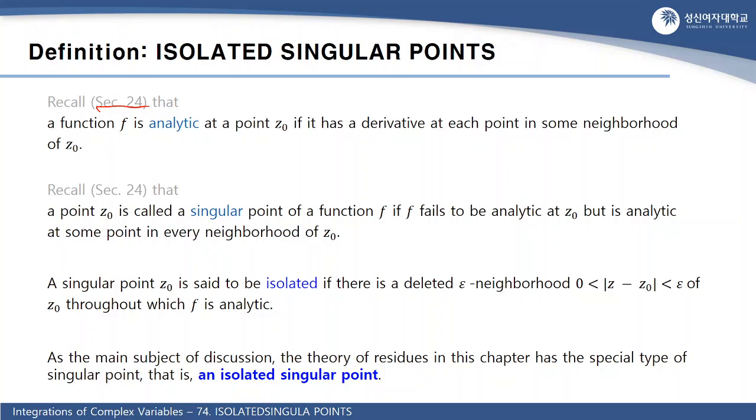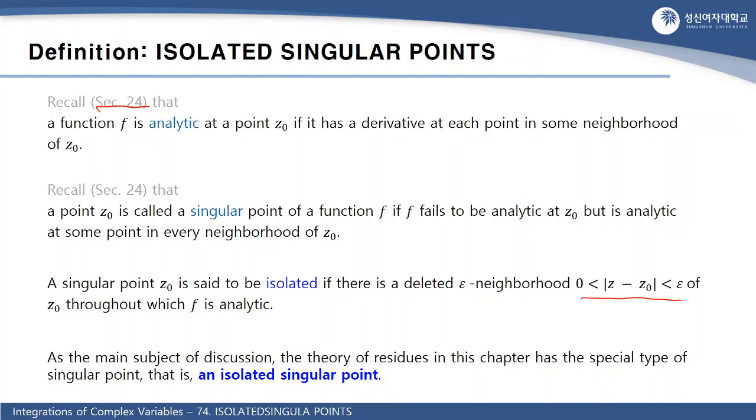Especially, a singular point z0 is said to be isolated if there is a deleted epsilon neighborhood, given by 0 less than the absolute value of z minus z0 less than epsilon, of z0 throughout which f is analytic.